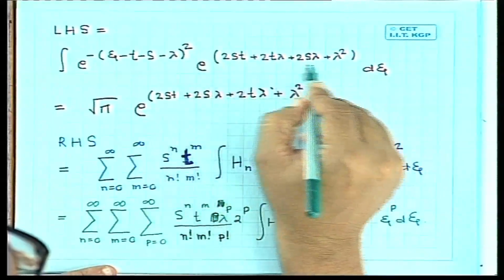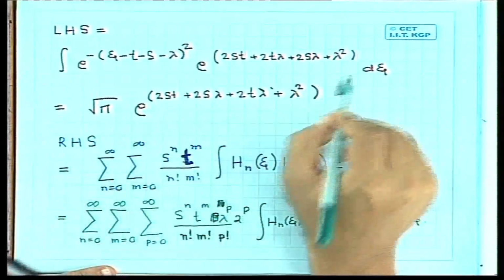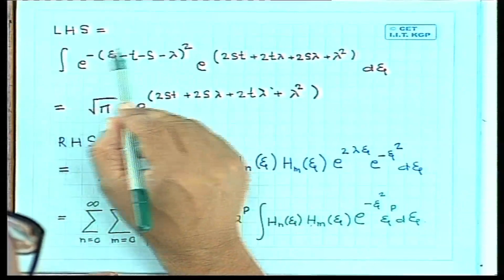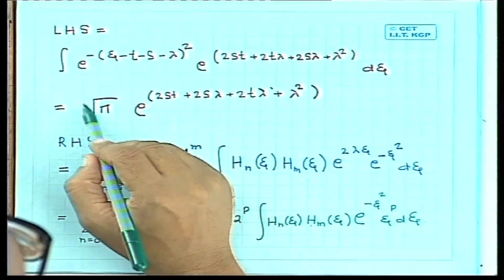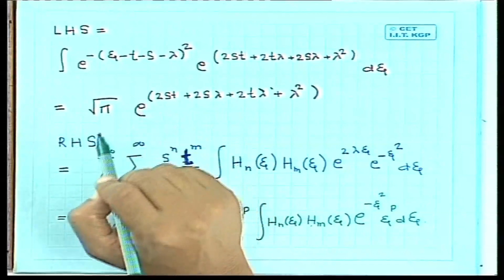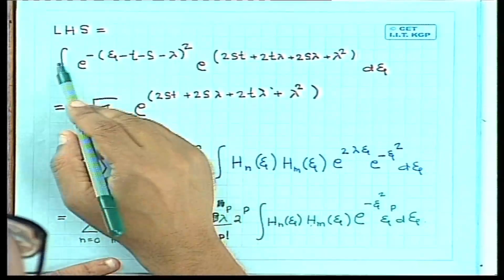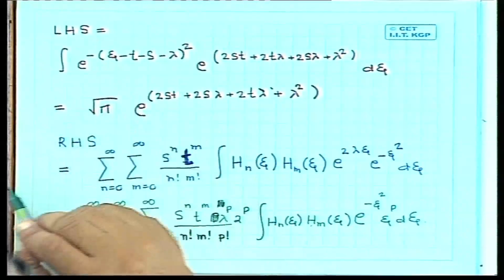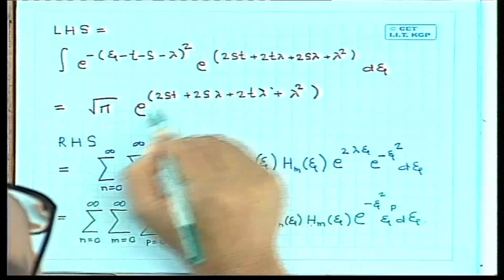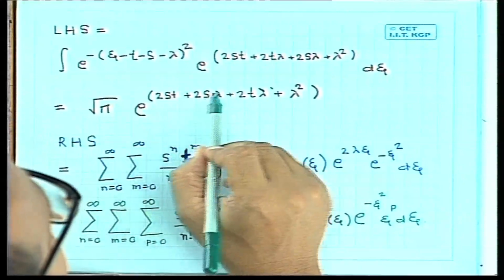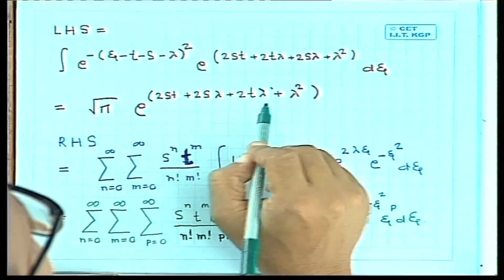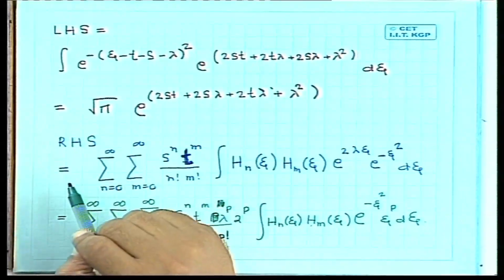There is no other xi over here, so we can do the xi integral. This is just e to the power minus xi squared d xi, and we know that the integral is root pi. We have evaluated this a few lectures ago. So this integral over xi gives us the square root of pi, and we still have this exponential of 2st plus 2s lambda plus 2t lambda plus lambda squared.